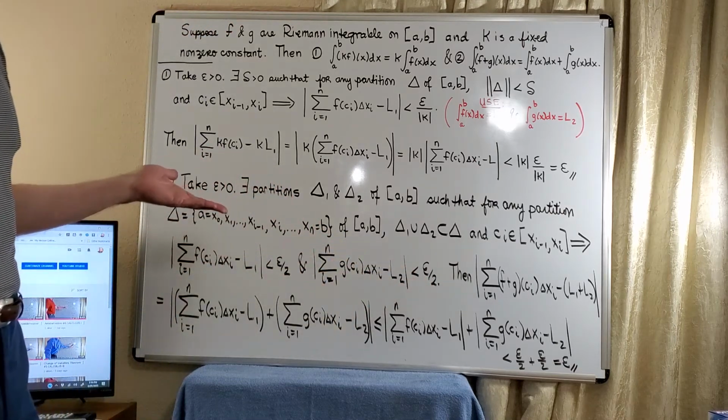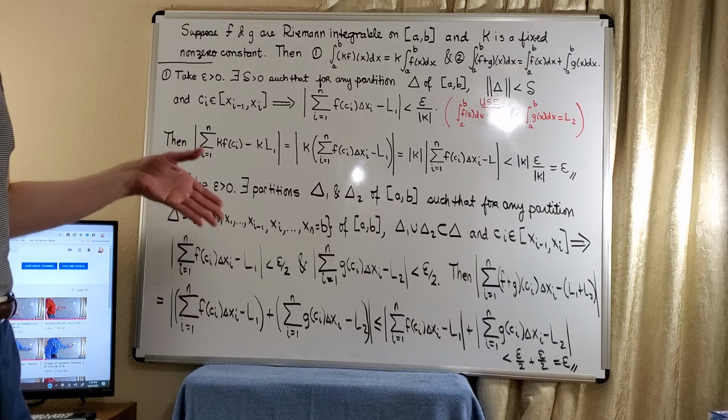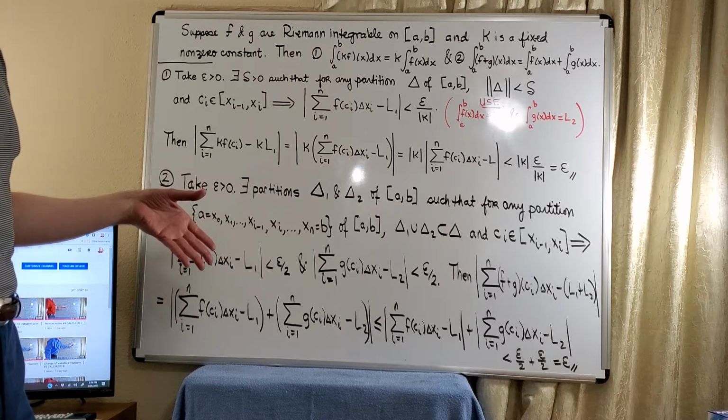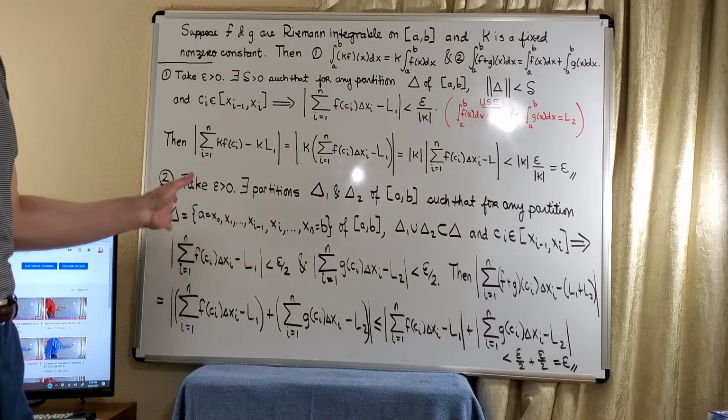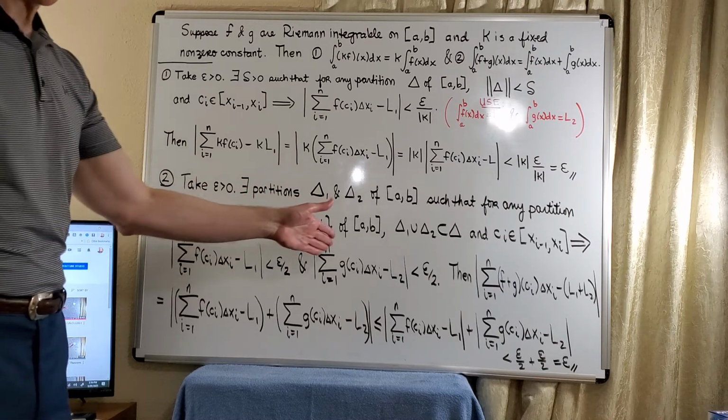So basically what we have here is we know that these partitions exist, and we want to frame this in a way so we can write a very neat Riemann sum.